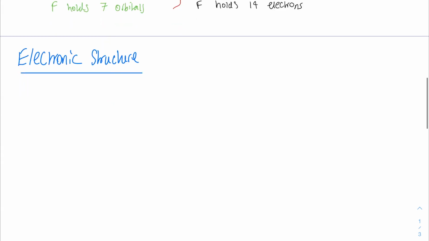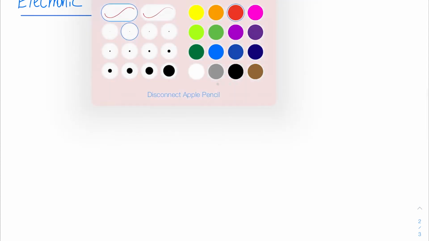Now we're going to move on to electronic structure. So you need to know that there are 3 components to writing electronic structure: energy level, subshell, and number of electrons in that subshell.